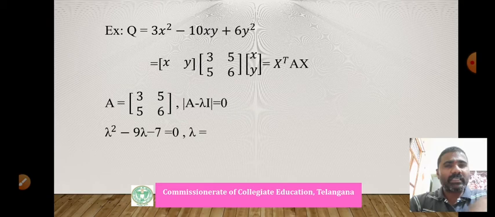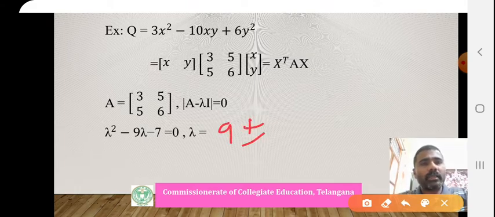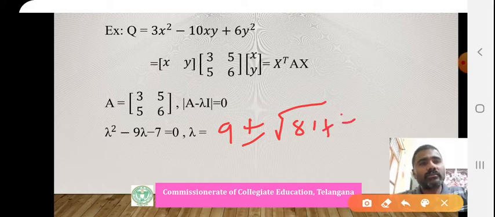What is the characteristic equation of this one? Lambda square minus 9 lambda minus 7 equals 0. Now what is lambda? Lambda equals 9 plus or minus square root of 81 plus 49, by 2.